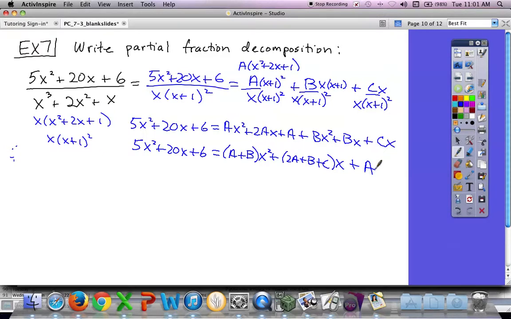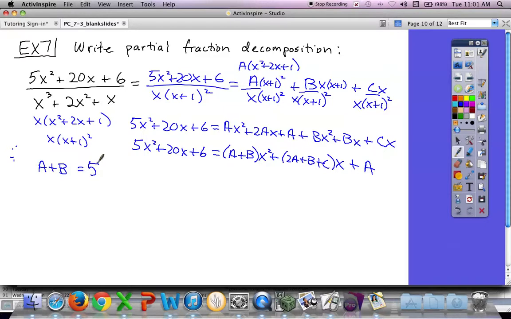Okay, now we can set up our system of equations, right? Make an equation from the coefficients of x squared. What would it be? No. It's 5. Right, just the coefficients, not the x squared.